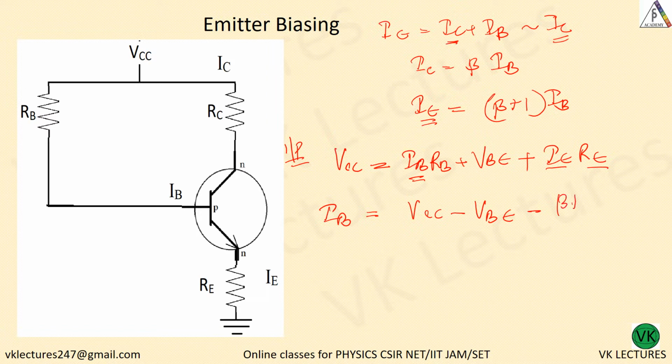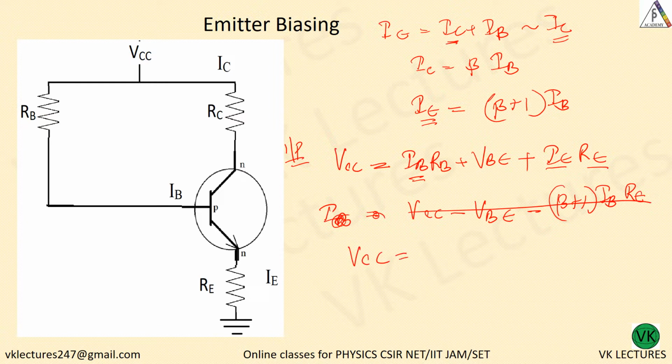So beta plus 1 into IB into RE. Right? Now, this beta plus 1 IB is there. Wait a minute. We will write it like this.